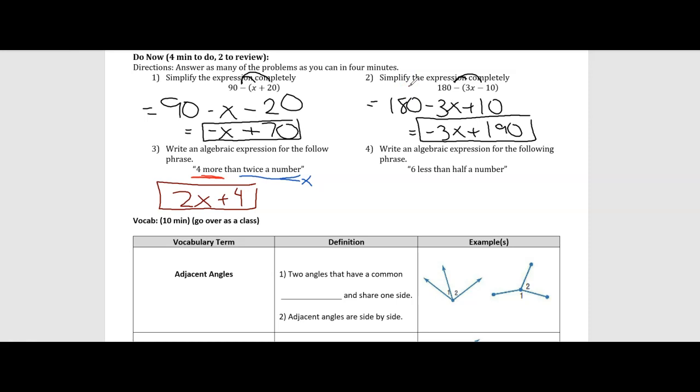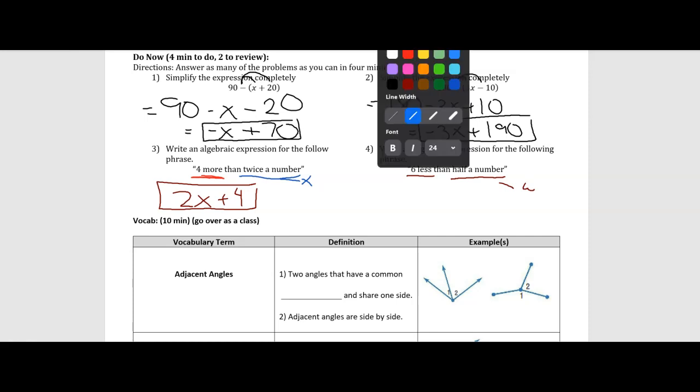Number 4 says 6 less than half a number. So 6 less means we're going to be subtracting, and half a number means you can think of this 2 ways. We are either multiplying the number by half, or we are dividing the number by 2. Again, let's use w here.